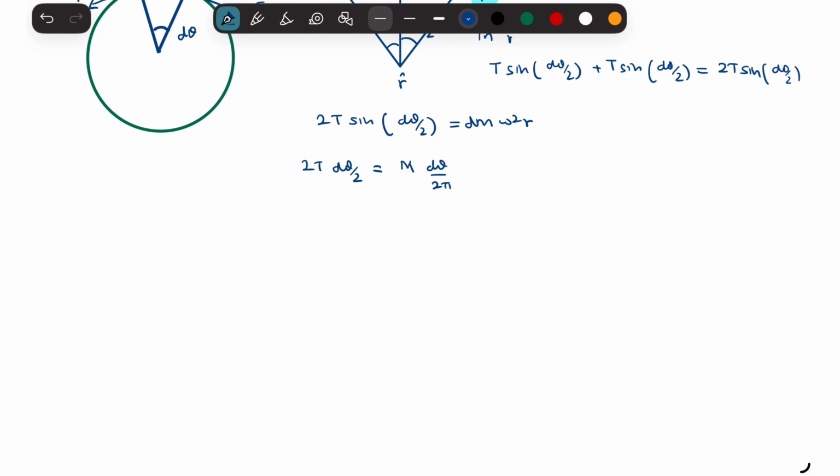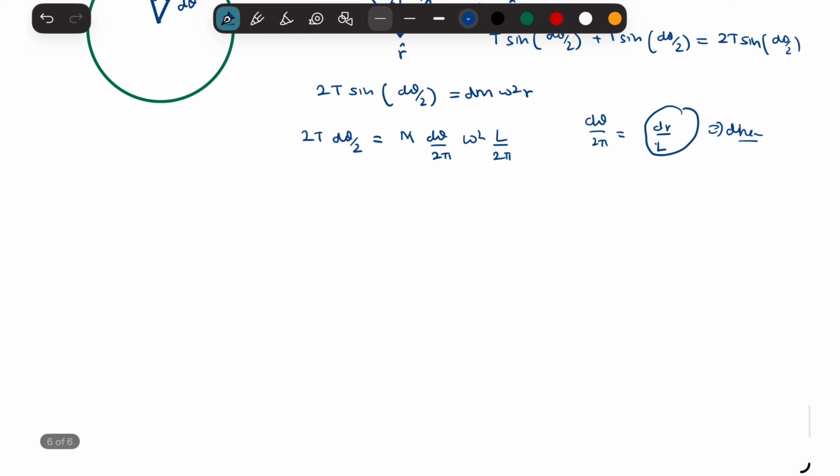So R is L upon 2 pi, and you can write this also as dl upon L, but you always have to make sure that this is dimensionless, so that the mass still has its dimensions, and in dm also the mass has its dimensions.